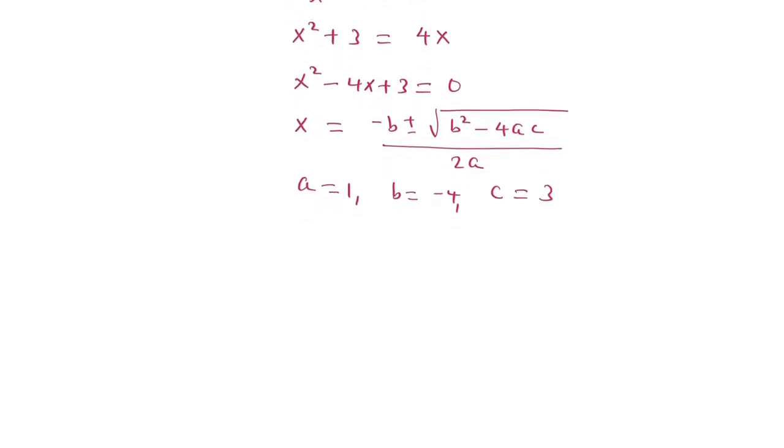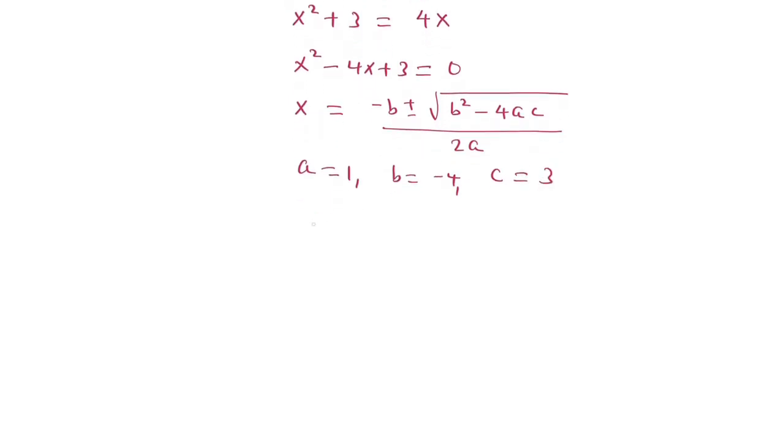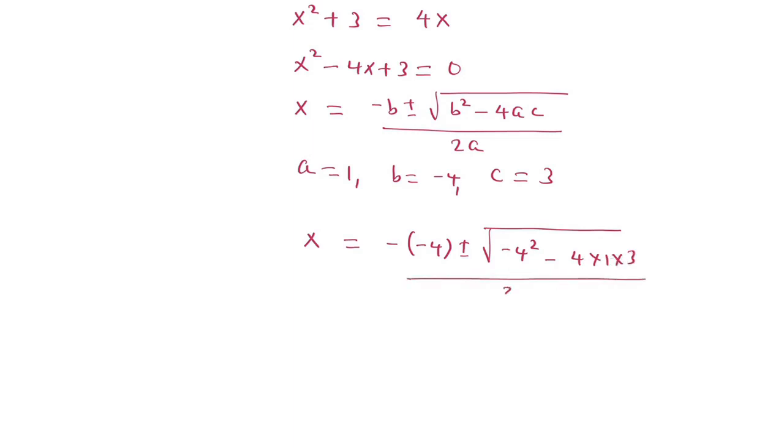So let us substitute these values into our formula. We are going to have x equals negative 4 in brackets negative 4 plus or minus under root negative 4 squared minus 4 times 1 times 3 over 2 times 1.